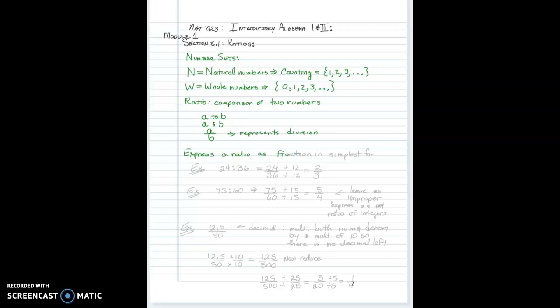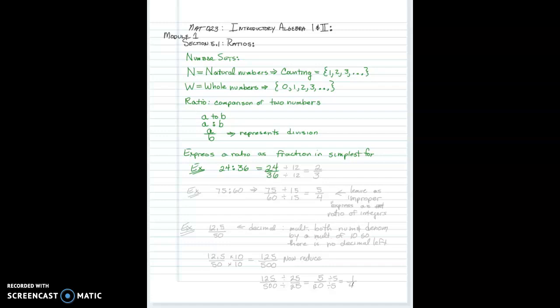That ratio, 24 to 36, I can think of as the fraction 24 over 36. Then to reduce that fraction, to simplify it, I want to divide both the numerator and denominator by the same number, so that would reduce to the fraction 2/3.